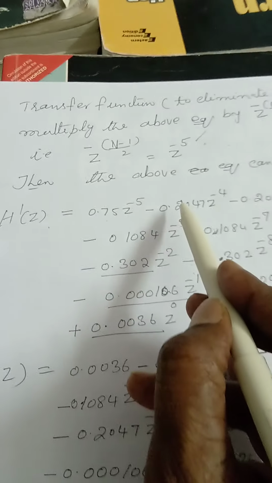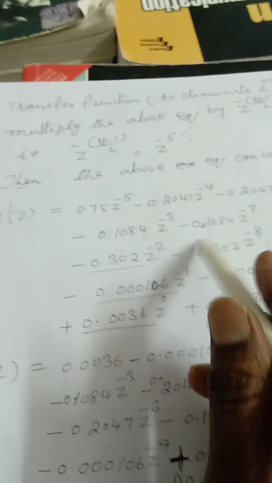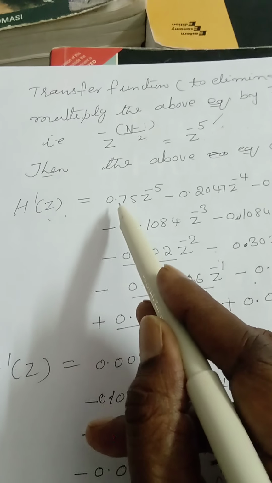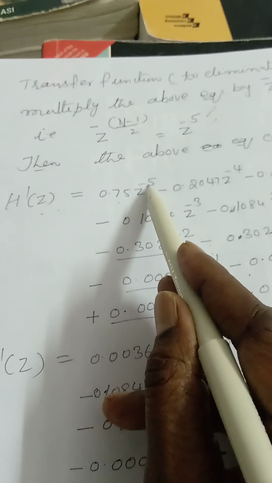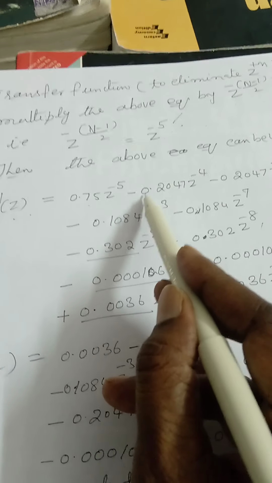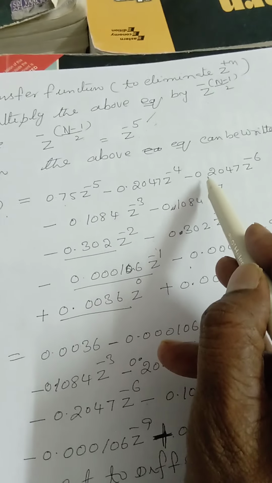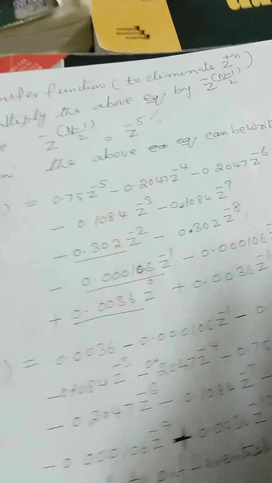Now the above equation becomes, after multiplication, H dash z is equal to 0.75 z to the power of minus 5 minus 0.2047 z to the power of minus 4 minus 0.2047 z to the power of minus 6.